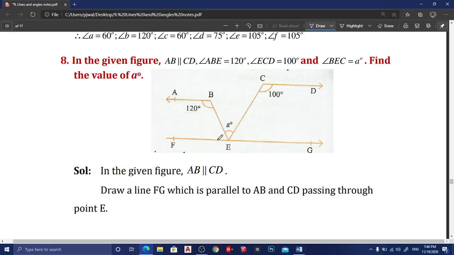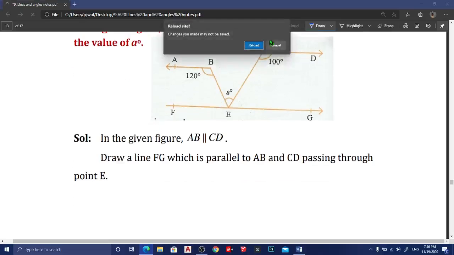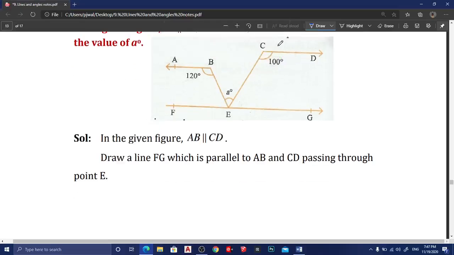So now you can use the properties. Here you can extend this line like this, and this line also like this. Now these two lines are parallel to each other, and this line also you can extend, and this will become the transversal.